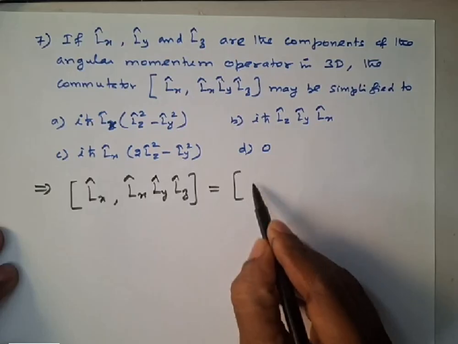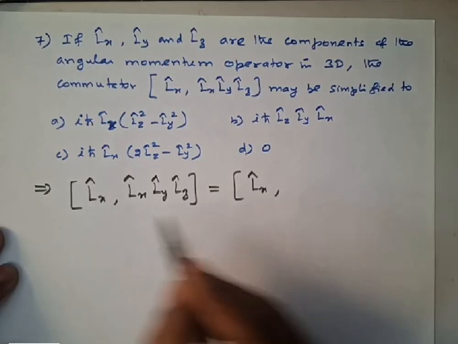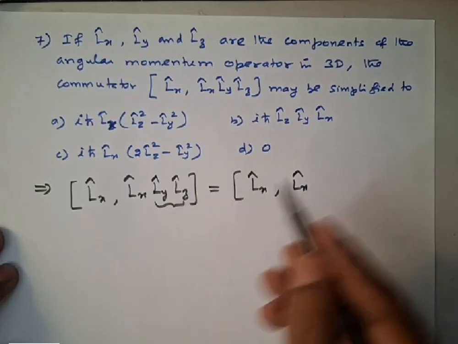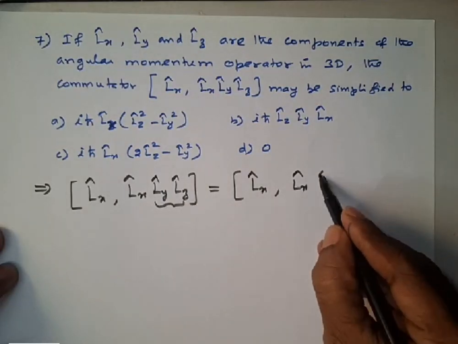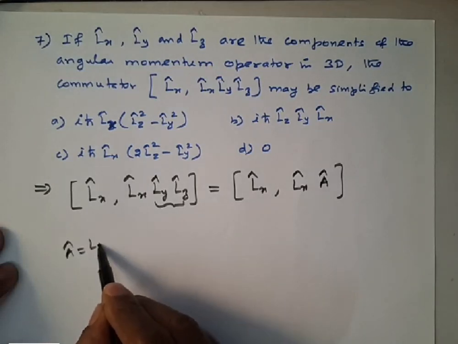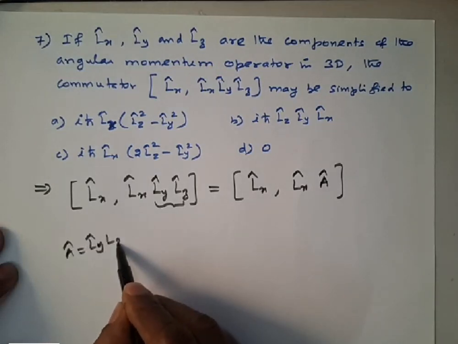How to do this? Listen, I'll keep this Lx as such and this Lx also as such. I'll combine these two and take it as some operator, say A operator. So what is A here? A operator is nothing but Ly into Lz.